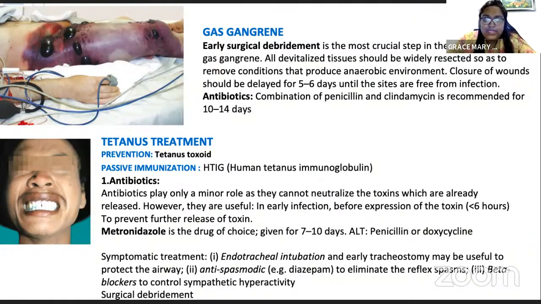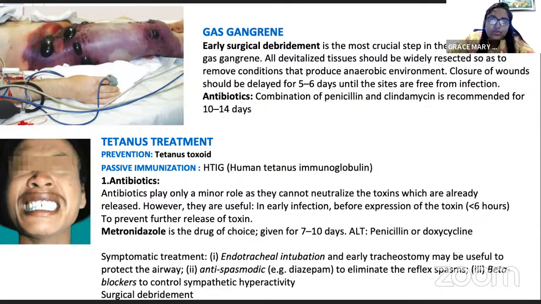And along with that, because your skeletal muscle will be out of control when you have a disease like tetanus, the symptomatic treatment is to intubate the patient empirically, so that the patient doesn't go into a respiratory arrest. Then give antispasmodics, because, like I said, a lot of spasm happens throughout your body, from your facial to your skeletal muscles.